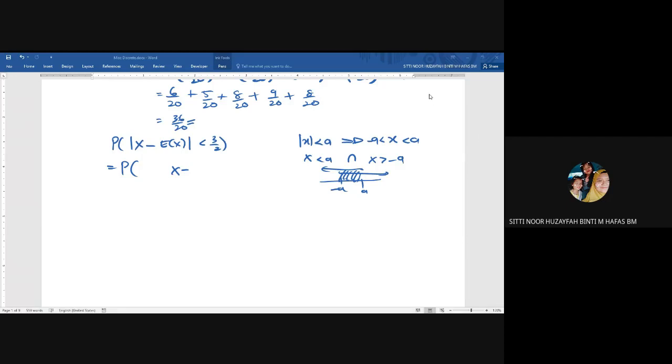So X minus 1.8, and 1.8 is 9 over 5, less than 3 over 2 and bigger than negative 3 over 2. Let me check for sure, to be sure. Is it correct? 9 over 5 expected value?